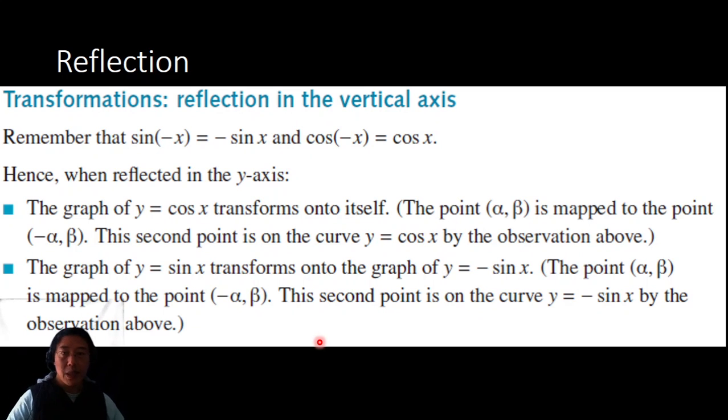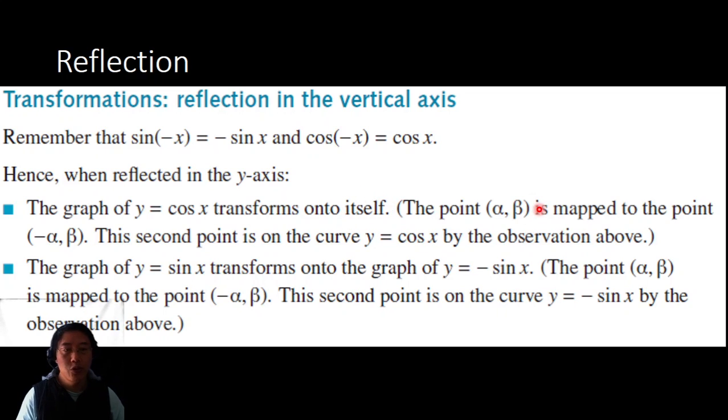Okay, reflections. So the transformation is a reflection in the vertical axis or the y-axis. Do remember, sine of negative x is negative sine of x, and cos of negative x is cos of x. So let's look at y equals cos of x. If you reflect it in the y-axis, it gets transformed exactly the same.